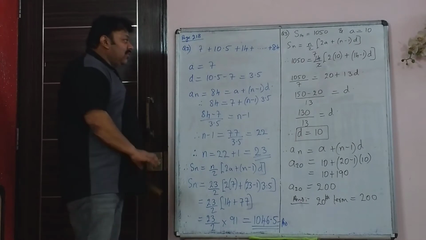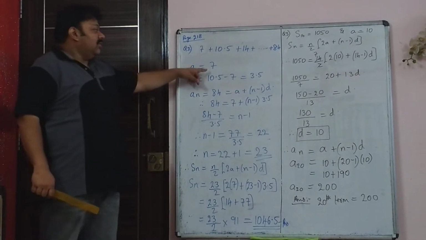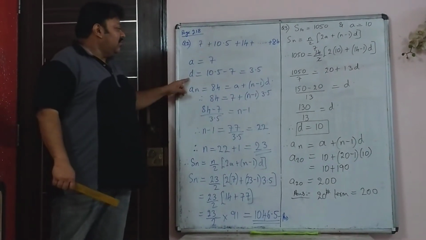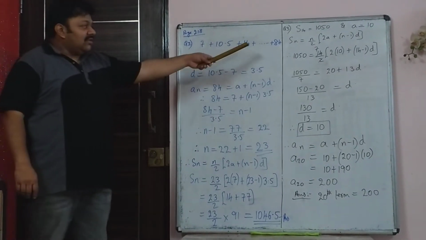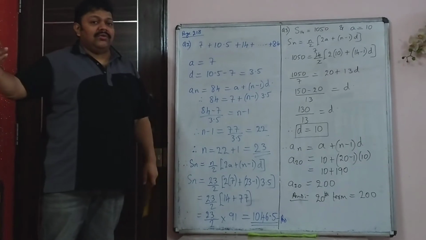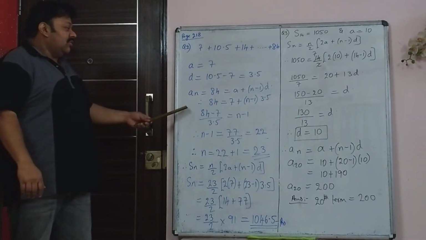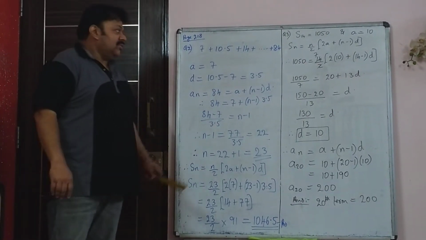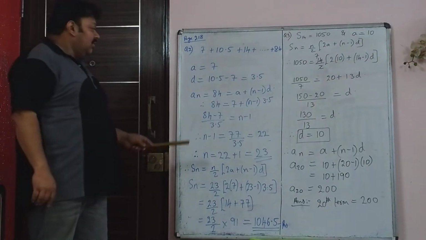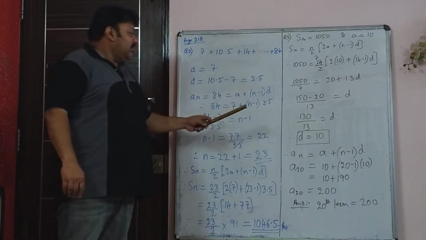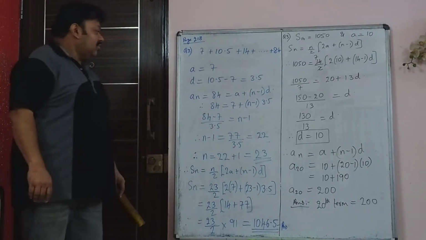You are supposed to solve the sum using the AP formula. So here the first term is 7 and the common difference is 10.5 minus 7, that is 3.5. For the last term, you can either use the formula for the last term, but I prefer using a standard formula for all the sums. So I'll find which term is 84. So n is equal to what? an is 84, a + (n - 1)d.